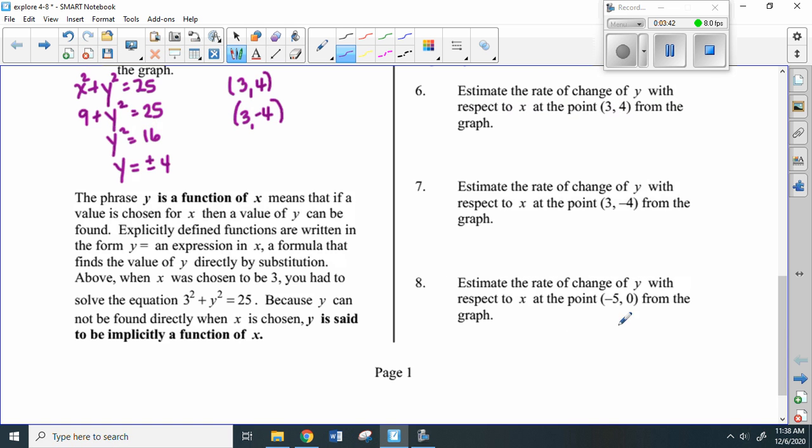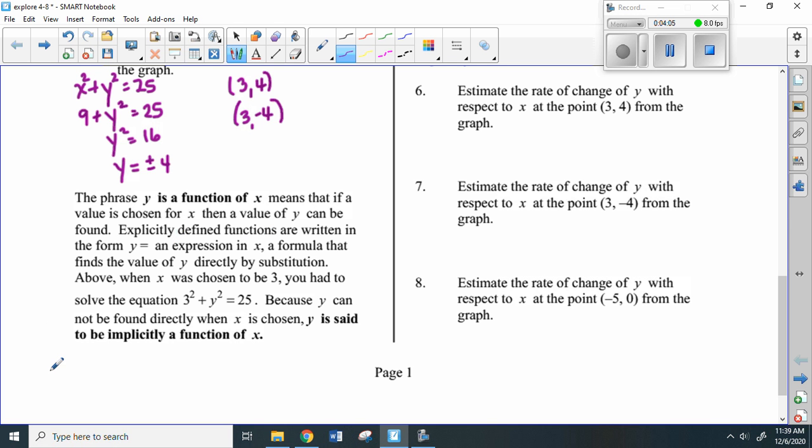It says the phrase "y is a function of x" means that if a value is chosen for x, then a value of y can be found. Well, explicitly defined functions are written in the form of y equals an expression with only x in it.